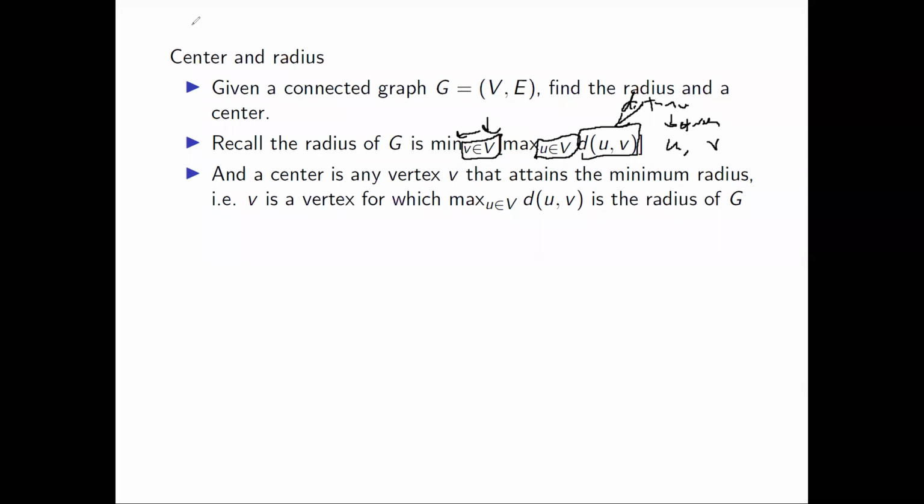So let's look at some examples. And we can look at another example here. So this one over here, the radius is 1, and the center is this vertex right here.